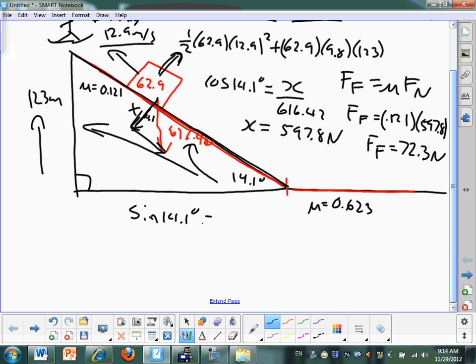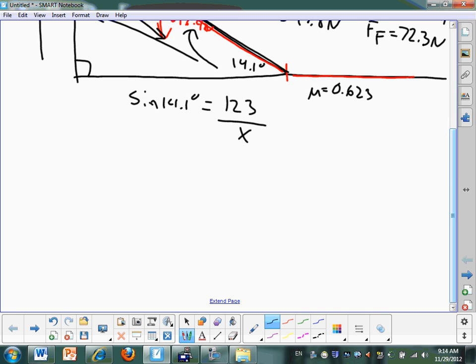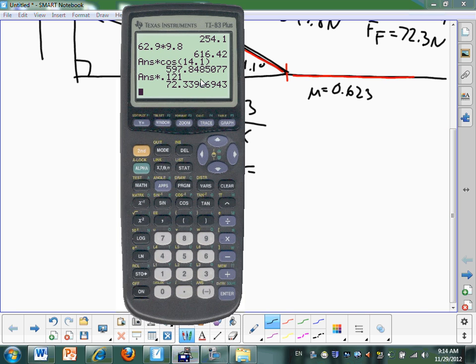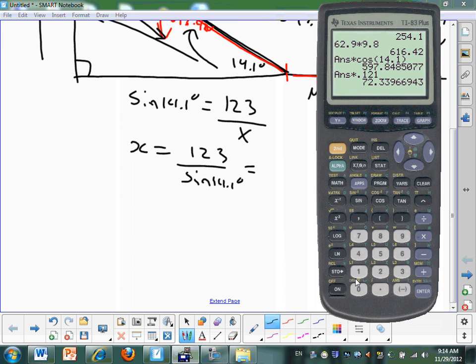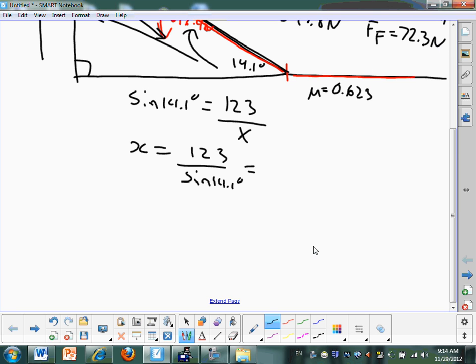Sine of my angle equals my opposite over my hypotenuse. To get x by itself, that would give me 123 divided by sine 14.1, which is 504.9 meters.